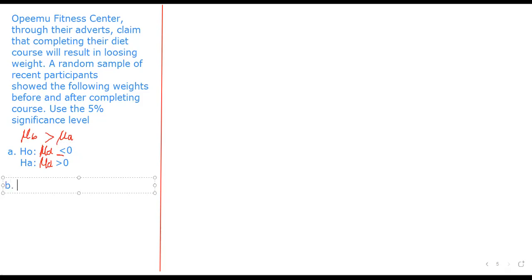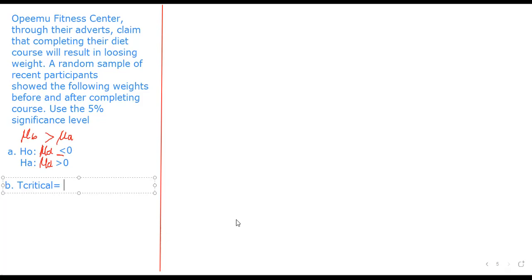B, as you have been doing it, T critical. So this one is degrees of freedom and alpha. The degrees of freedom is n minus 1.